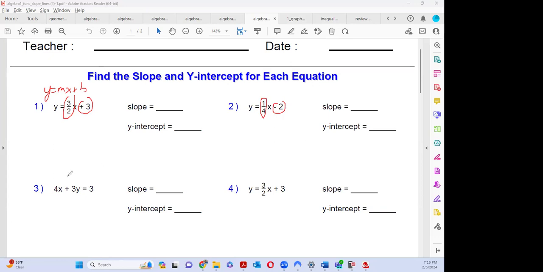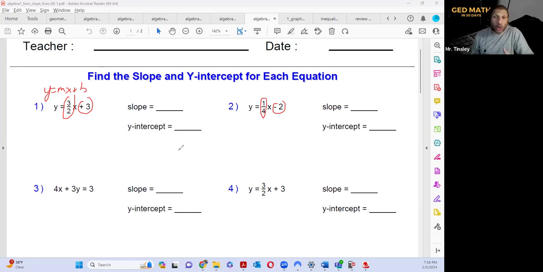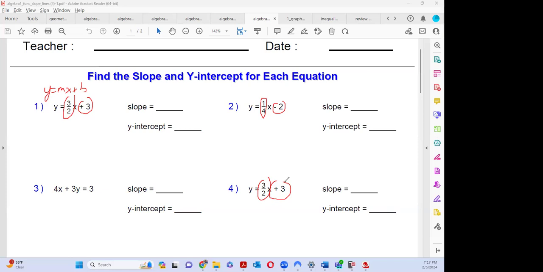Number 3 is not slope-intercept form, so I can't do what I just did for those previous 2. But number 4 is. My slope is 3/2, my y-intercept is +3. So that's what we started this night. I wanted you to make sure you're able to, from an equation in slope-intercept form, identify the slope and y-intercept. That's mental math. There's no computation done. You can look at it and know slope and y-intercept.